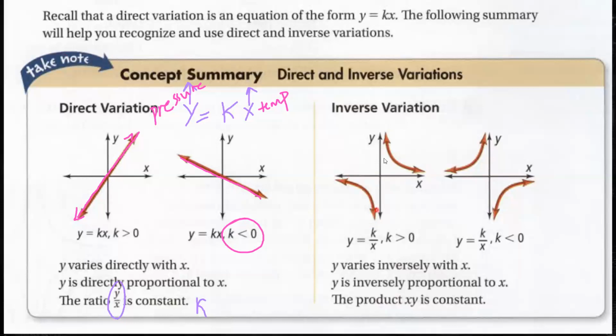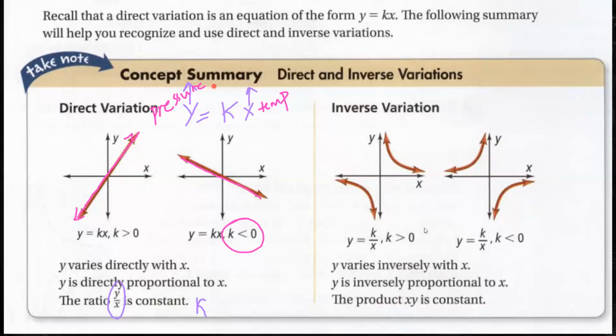As we said before, it will be like a curve. It's not like a line. This curve must not intercept the axis. If k is greater than 0, it will be in the first and third quadrant, and when k is less than 0, it will be in the second and fourth quadrant. This is the difference between them.